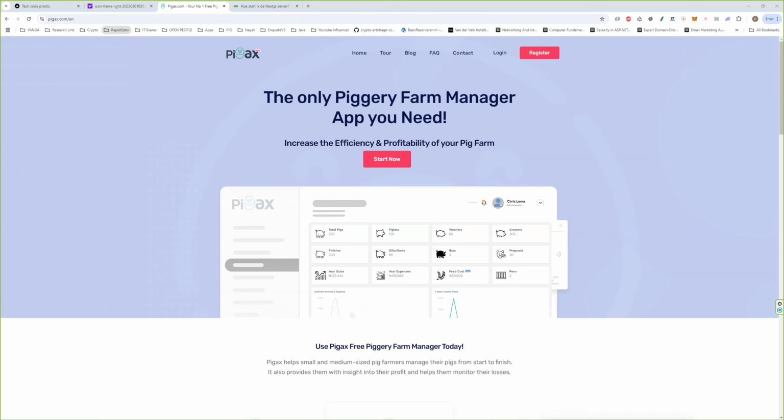We're going to start with an overview of Pickaxe, what it does, and how we are going to use it to solve the issue that we have from a user. First of all, we know that Pickaxe is a piggery farm manager software that helps farmers manage their farms effectively.